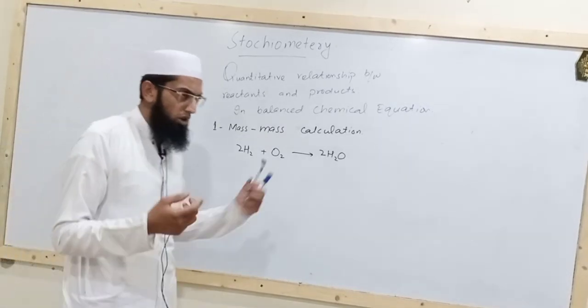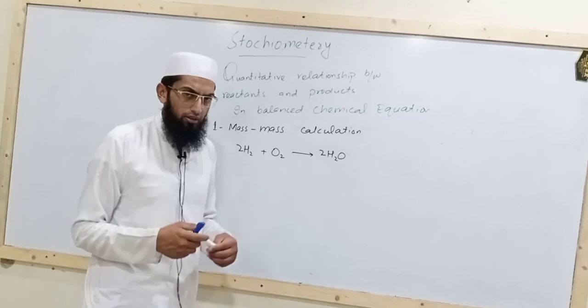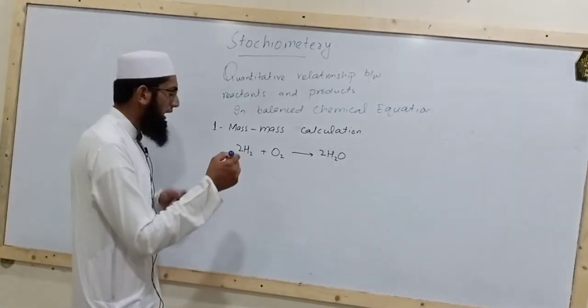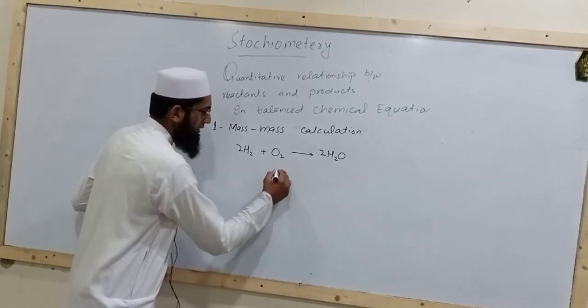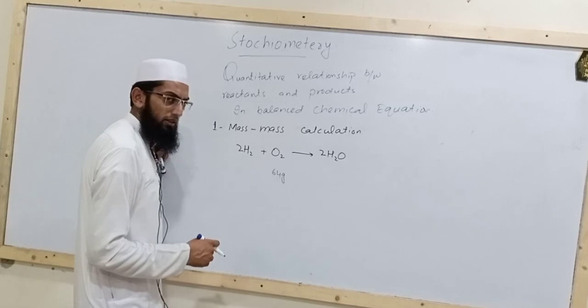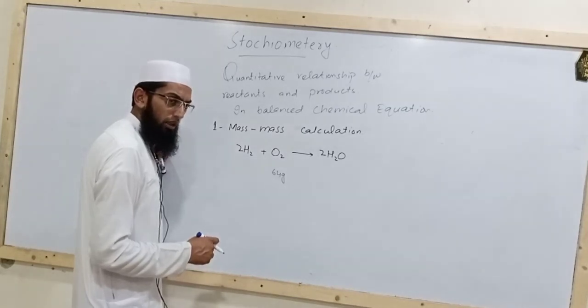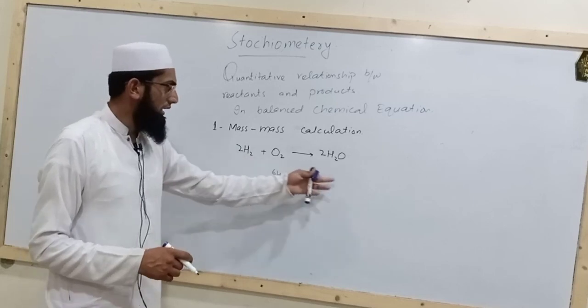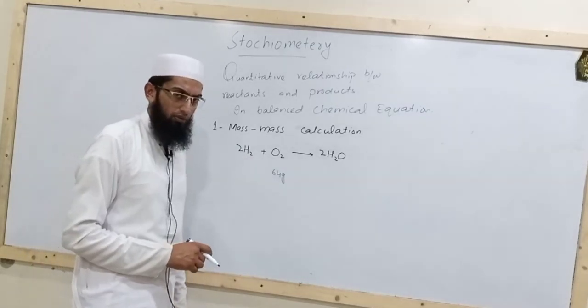Now suppose we are given a mass, that you have 64 gram of oxygen, and you have this in enough amount. So how much will be the mass of water found from 64 gram?